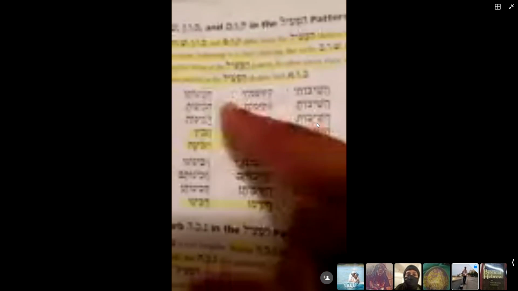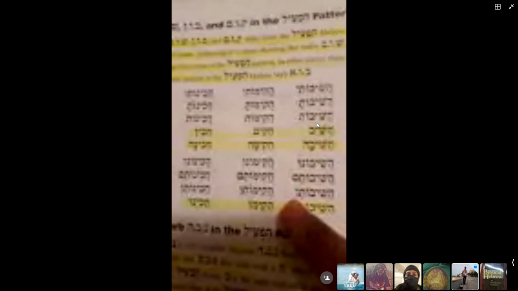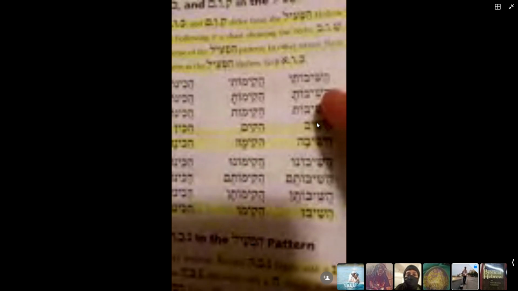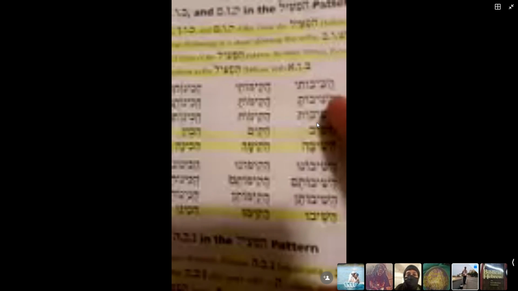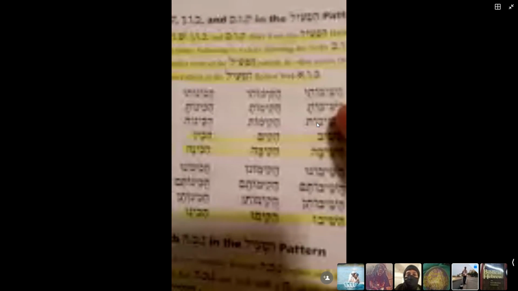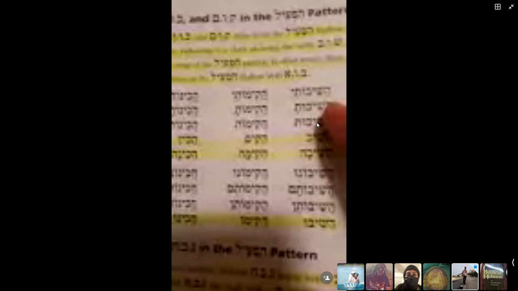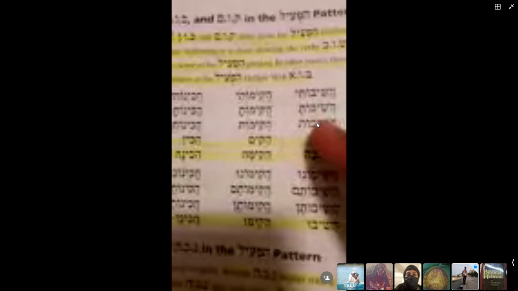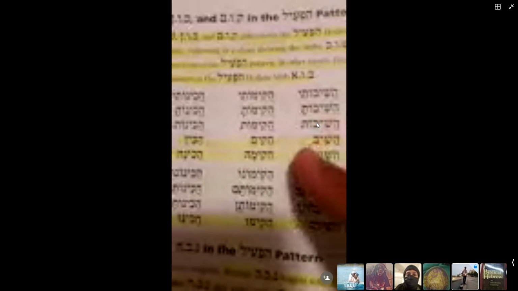So here you have the paradigm for all of them. This is written in the one form that I told you all about, how for the hollow verbs, there are two different ways that you can say them. This being the other way, which is hashiboti, hashibota, hashibot.